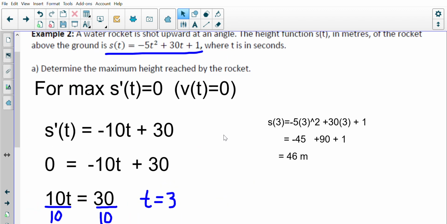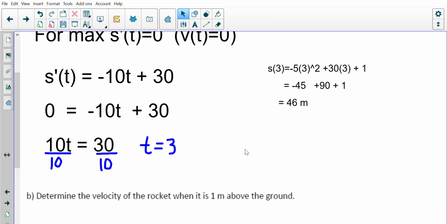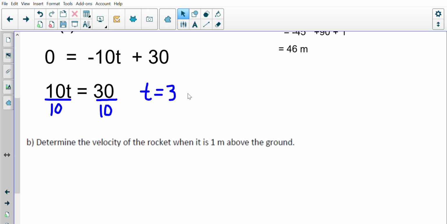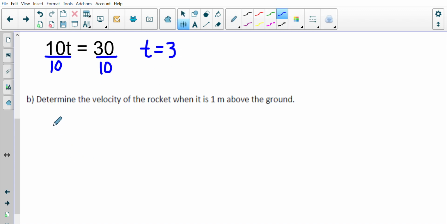All right, so again, I don't know when it's 1 meter above the ground, so I'm going to have to find that out first. So I'm going to sub 1 in for s of t. So I have a height of 1, which is a nice way of saying s of t equals 1, and we're going to find the t.